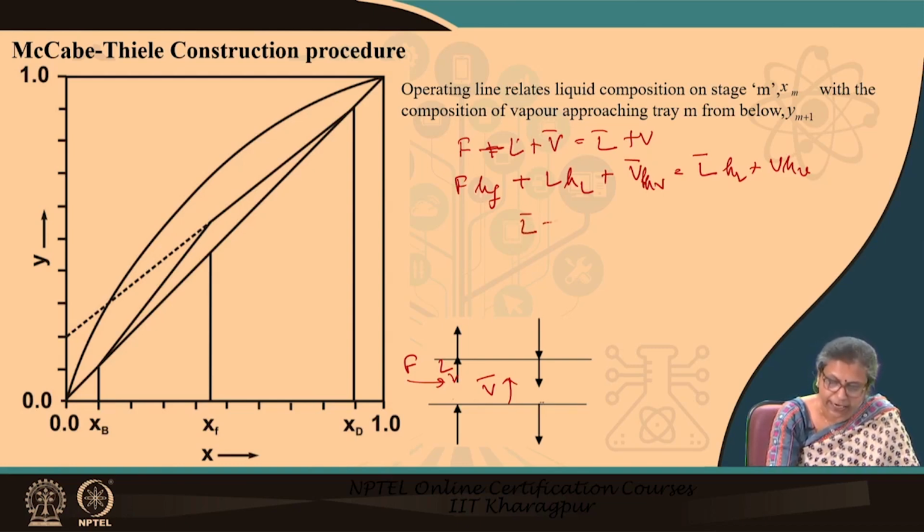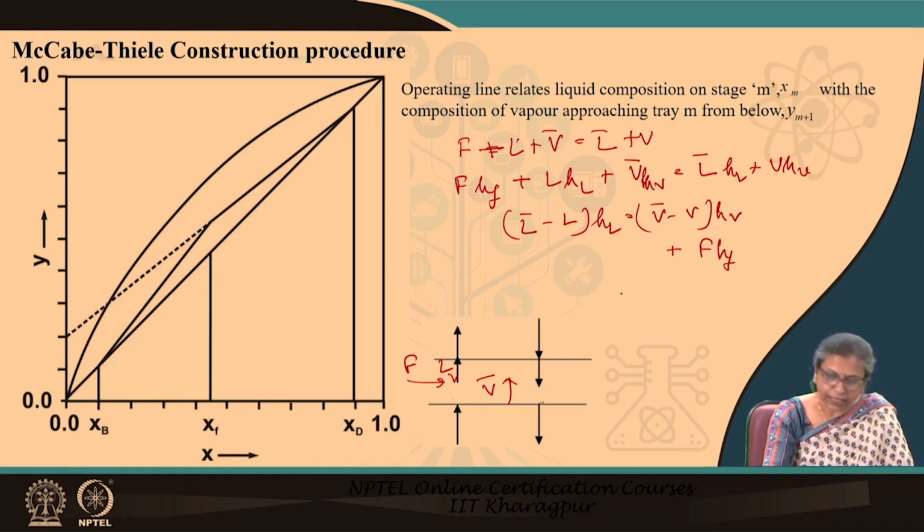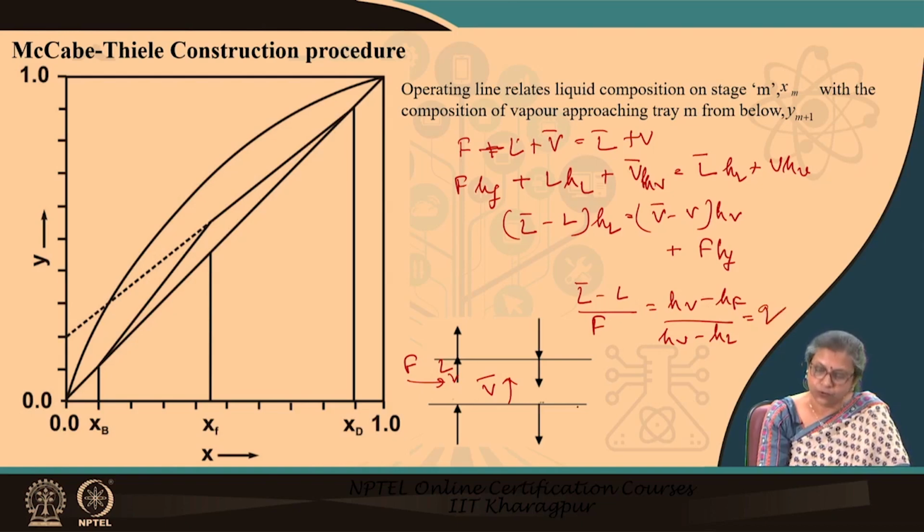So, from there we get (L bar minus L) into HL equals (V bar minus V) into HV plus F HF, fine. So, from here we can find that (L bar minus L) by F will be equal to (HV minus HF) by (HV minus HL), and this particular ratio is known as the Q factor.